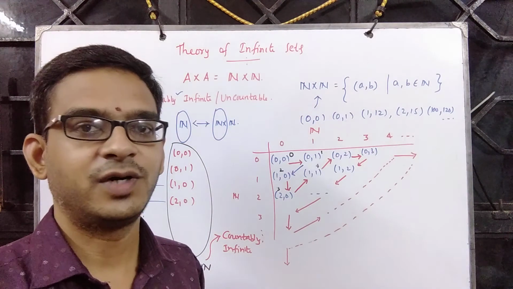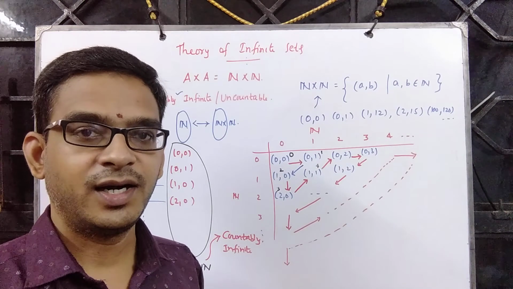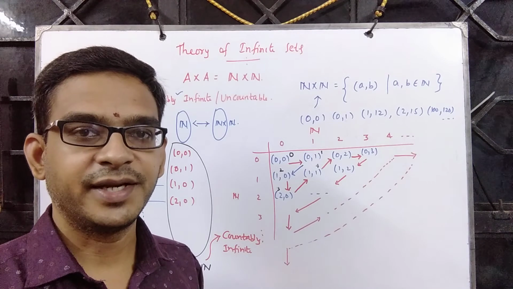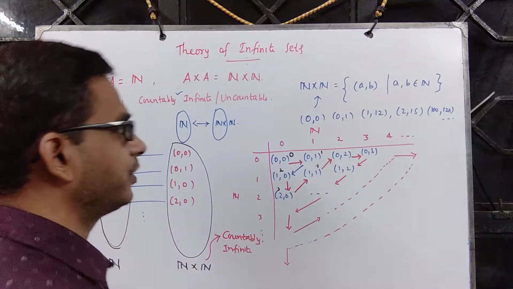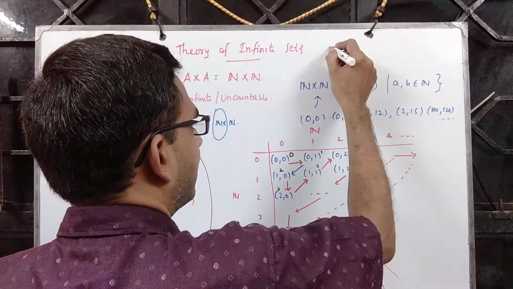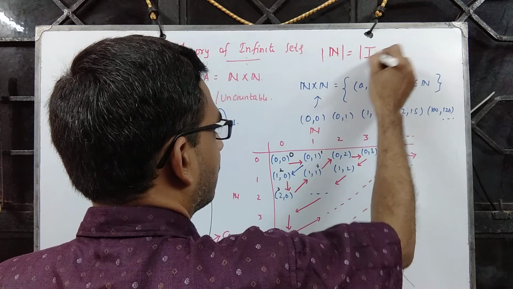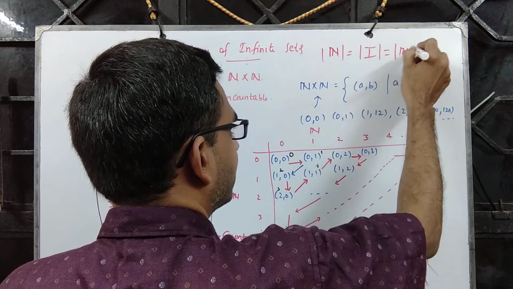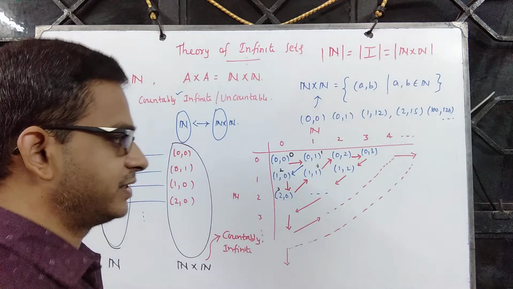This is precisely what we are interested in as part of this course. And now logic wins. Here is a formal argument that says n and n cross n are of same cardinality. And it tells you something beyond. It tells you that n and I are one and the same, and n cross n are one and the same, which means I and n cross n are one and the same.